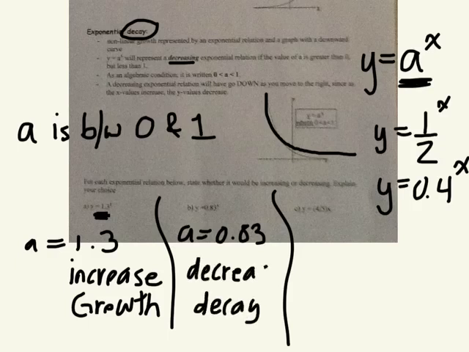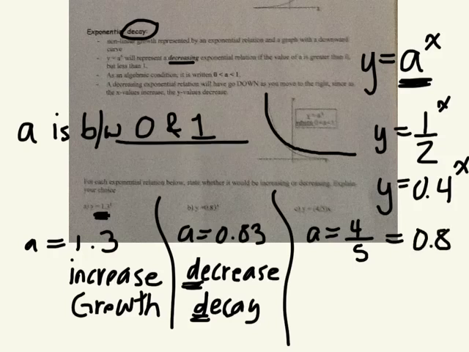Good. Just think decrease, decay. The last one, a is equal to 4 over 5. What's 4 divided by 5? Write this as a decimal. 0.8. Is that a number between 0 and 1? Yes. So decay, and it's decreasing.